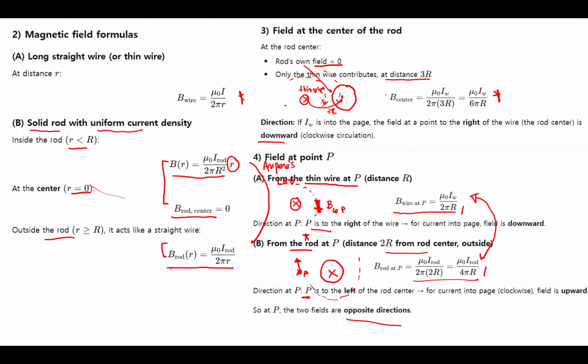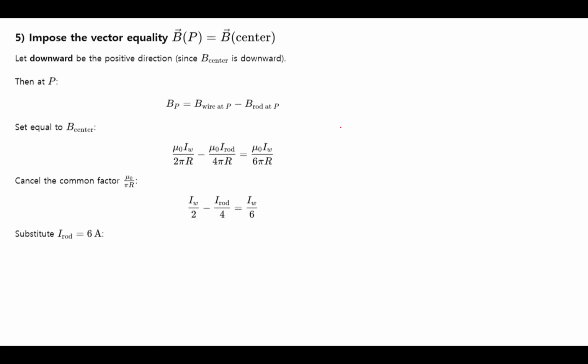Okay, so we know one magnetic field at the center and two magnetic fields at the point P, and then we need to get the equations correctly. This is the condition we need: the magnetic field at the point P is going to be the same as the magnetic field at the center. Since it is the opposite direction at P, it should be negative.